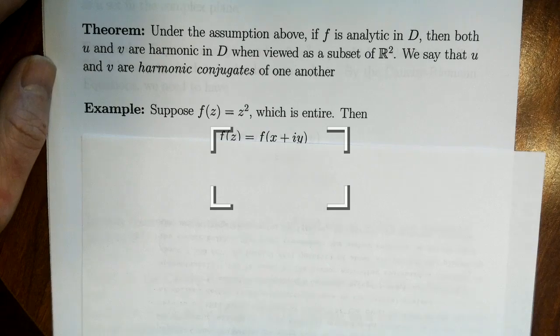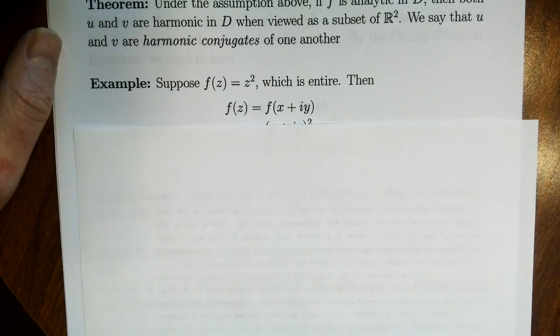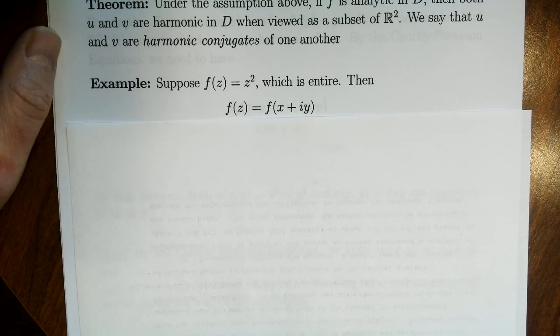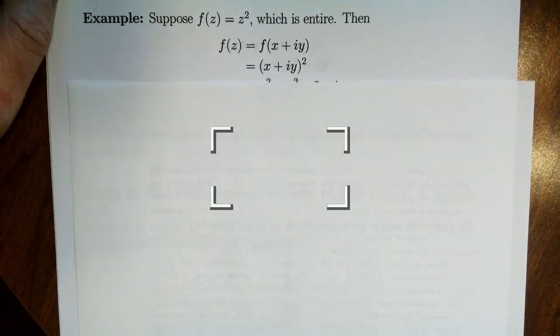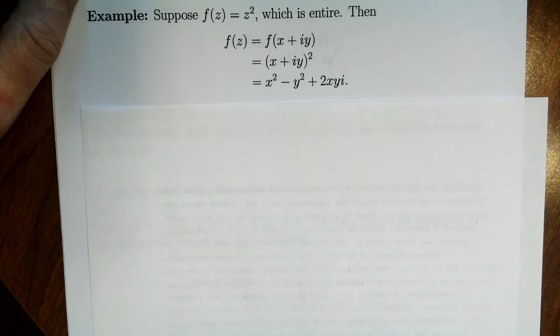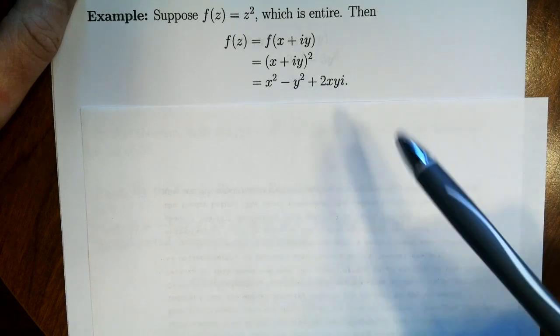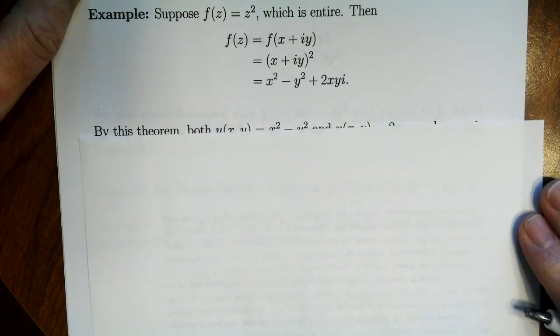Here's an example. Suppose that f of z equals z squared. This is an entire function. It's analytic everywhere. Let's break this down into its real and imaginary parts. The real part works out to be x squared minus y squared, and the imaginary part is 2xy times i.